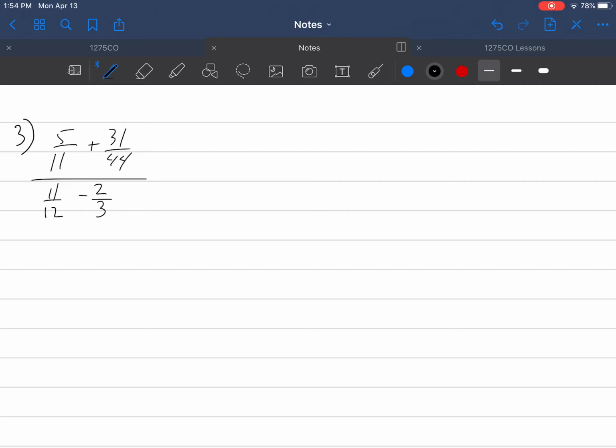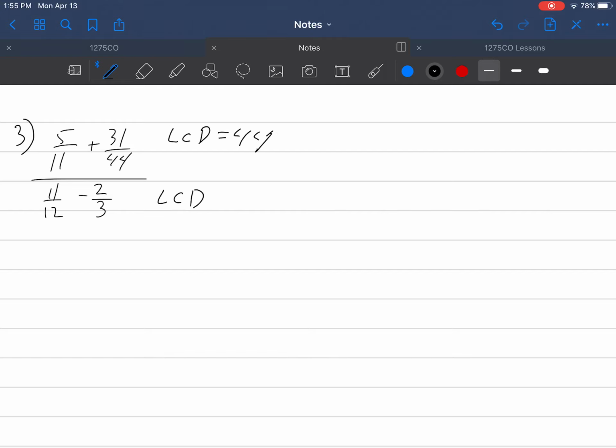A couple more examples to do. This one is a little bit different because the top has two separate fractions and the bottom also has two separate fractions. So in order to do our keep, change, flip, our definition of a fraction, what we need to do is add or subtract these fractions up top so that they are singular in nature.